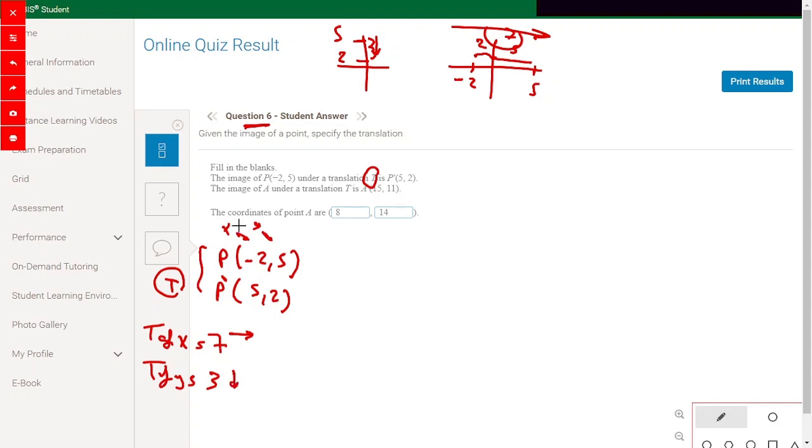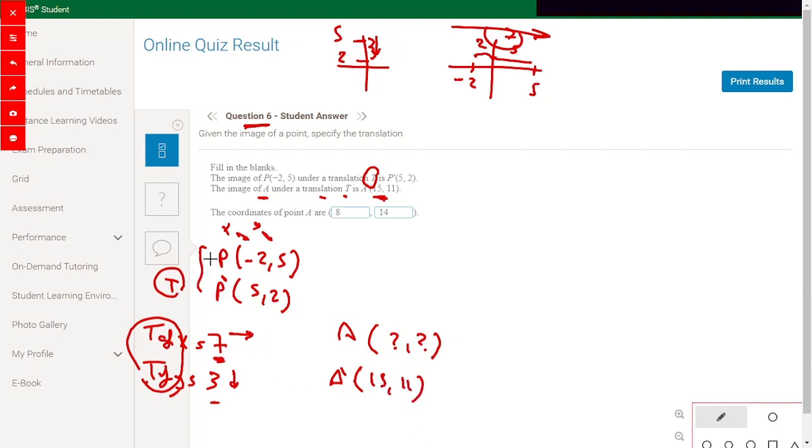Okay? Now let's see here. The image of A under the translation of T is A dash (15, 11). So I have a point A, whose coordinates are unknown. It's translated with this translation T, which we got before, (7, 3), to reach A dash, which is (15, 11).